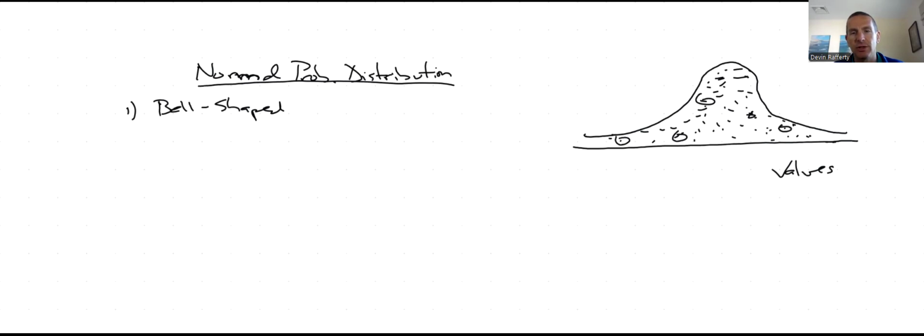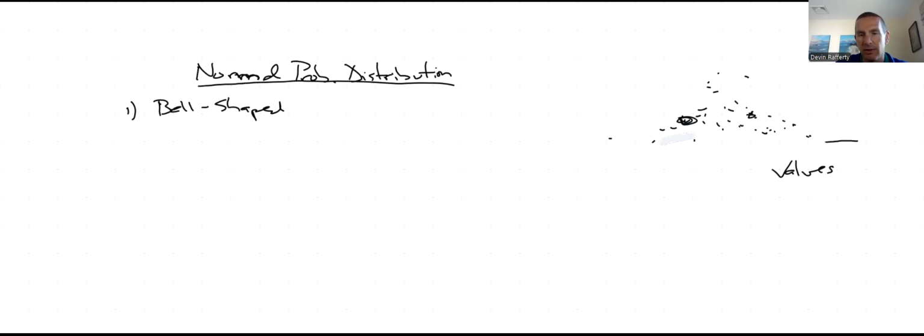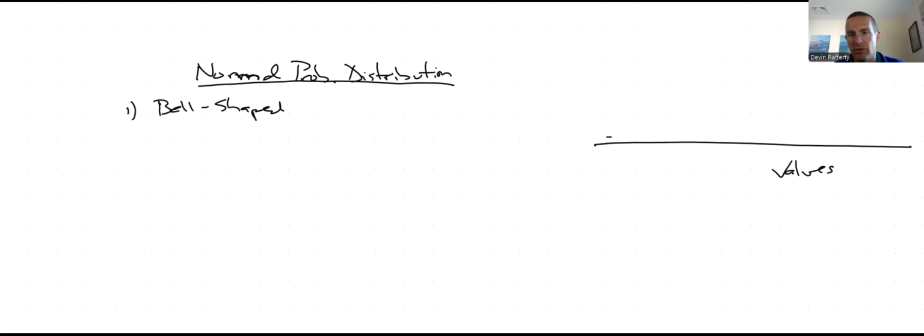All these are individual elements of our data sets. If we take all these elements and graph them, we just draw them out.